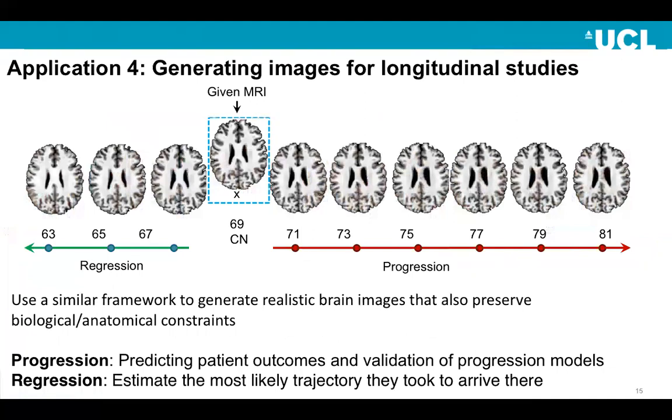So again, the idea is, given an MRI, we can predict and simulate the progression along the aging, and at the same time we can regress this MRI. What are the applications for this approach? One application is definitely to predict patient outcome and validate a progression model. Another application can be the estimation of the most likely trajectory that the disease took to arrive at the point that we are right now.